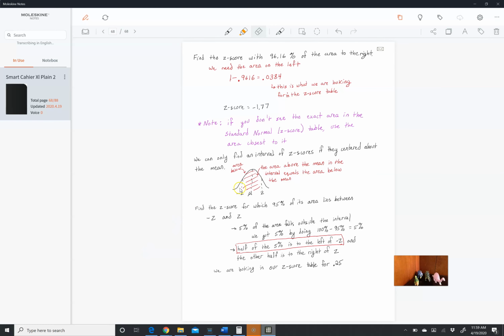Because if we know that this area is 95%, then we know that each of these is 2.5%. Okay, so we're looking for, sorry, 0.025. Let me rewrite that. Okay, that 0.025 is 2.5%.